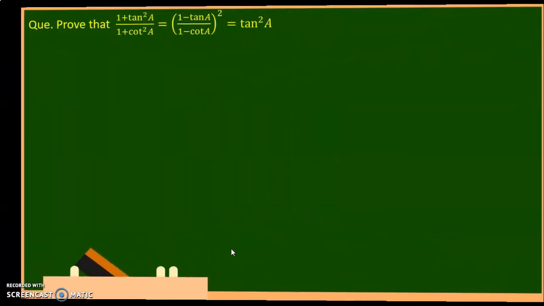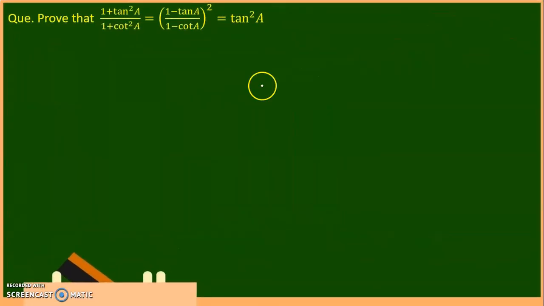Let's see the next question, the last question of this lecture. So to prove 1 plus tan square A upon 1 plus cot square A is equal to 1 minus tan A upon 1 minus cot A whole square is equal to tan square A. So let's prove it. Start from the left hand side.